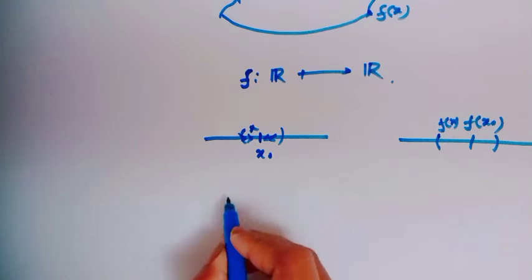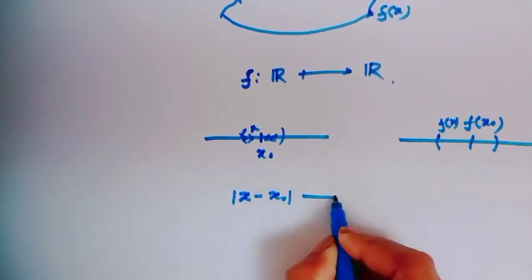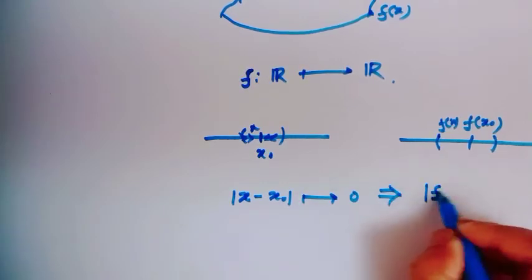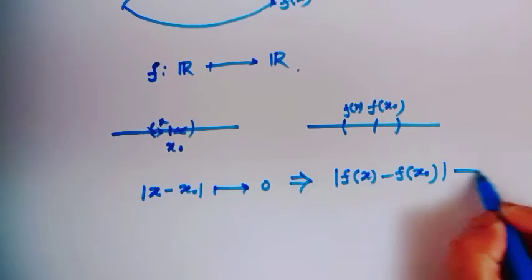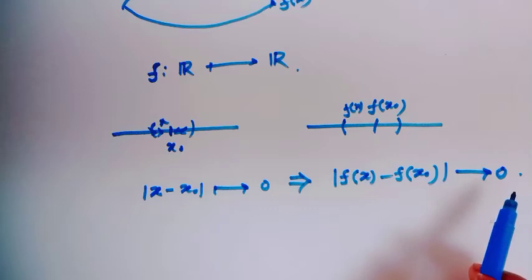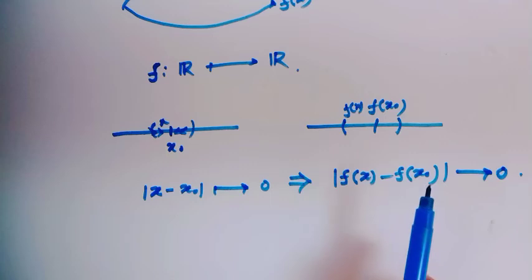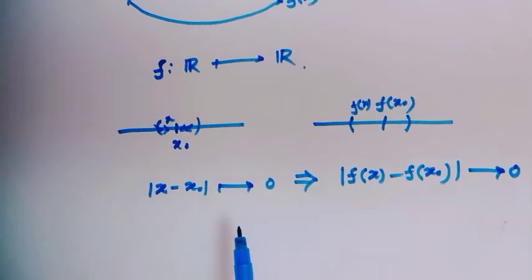This implies mod x minus x0 tends to 0, which implies the distance between fx and fx0 also tends to, means close to, 0. Okay, this is the meaning of continuity in one variable. Are you getting my point?